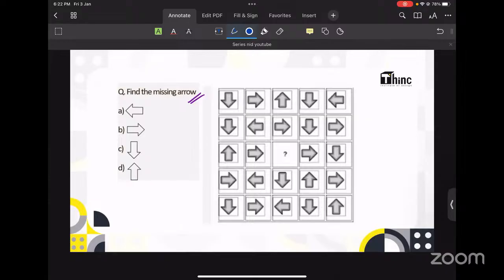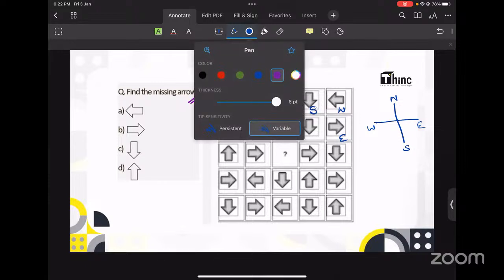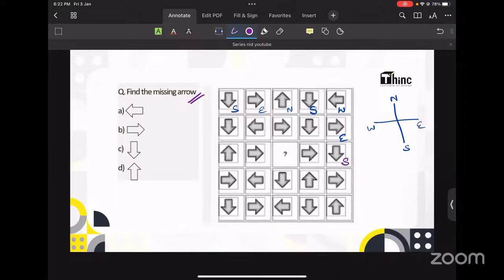So over here, I'm just redrawing the direction: north, south, east, west. This is a south facing arrow. South, east, north, south, west, east. Let me take another color. South, east, north, south, west, east.